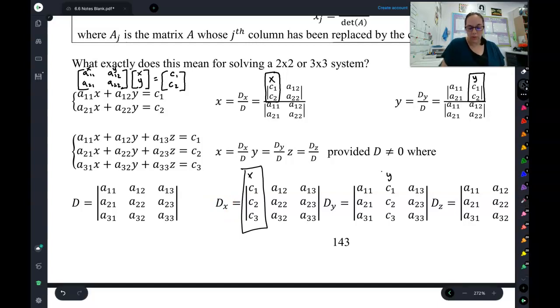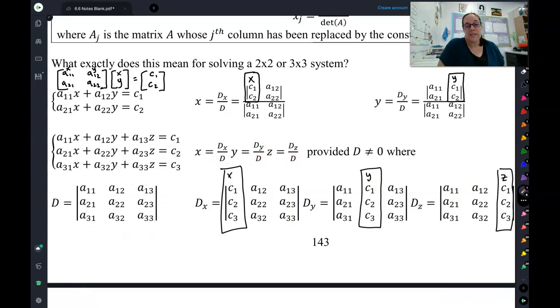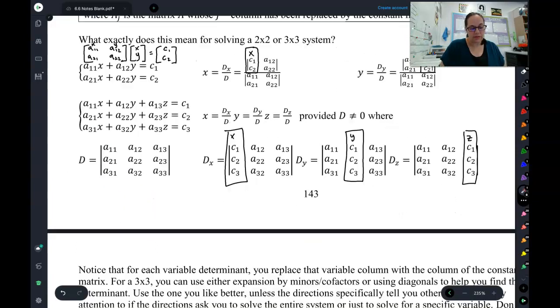For y, we replace the y column with the constant matrix. And finally, for z, we replace the z column with the constant matrix. And then we solve those determinants, divide by the determinant of the regular coefficient matrix, and that's how you solve your system. It's actually pretty quick once you get those determinants done.